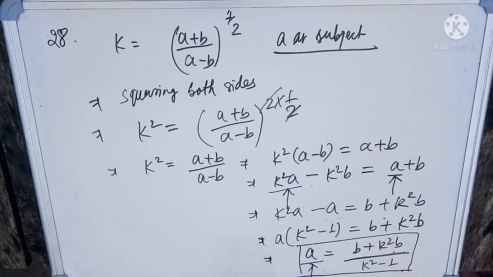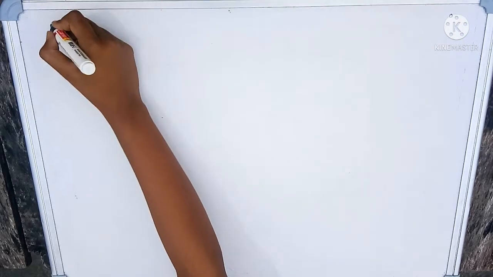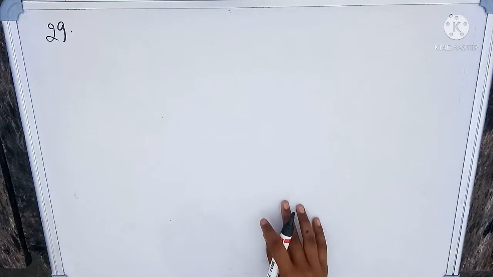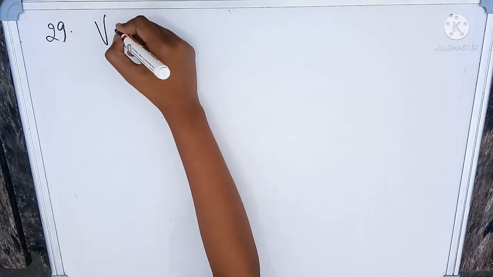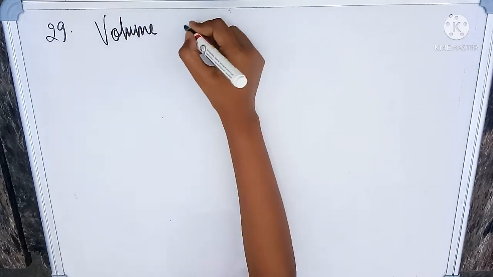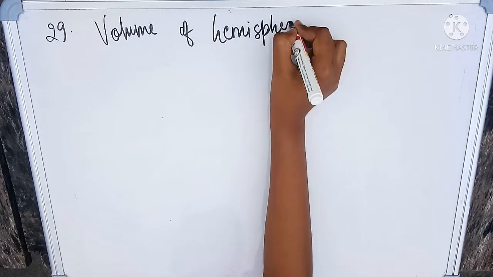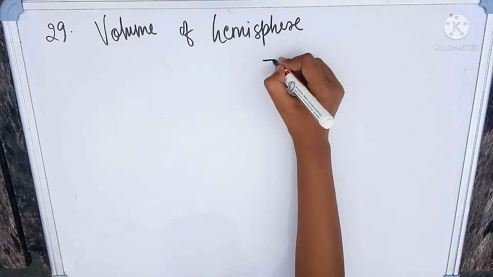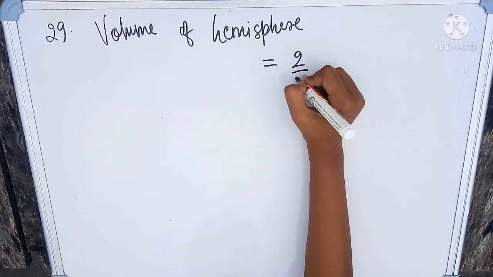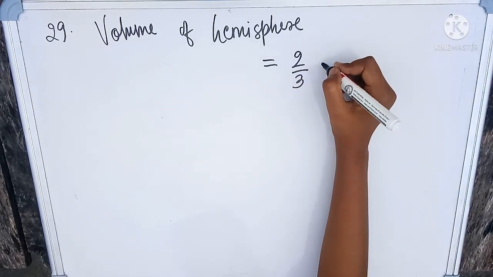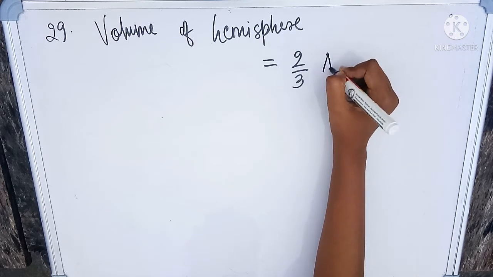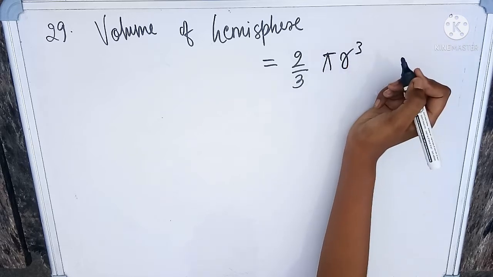And the next question we have is question number 29. Question number 29 says that we have to frame a formula for the volume of a hemisphere, which says that it is equal to 2/3 of the product of pi and the cube of the radius.